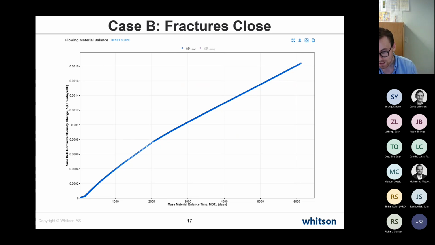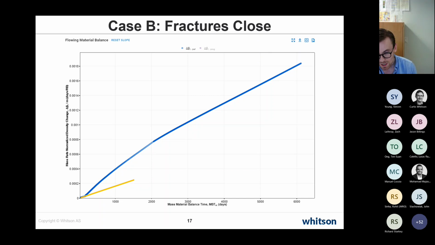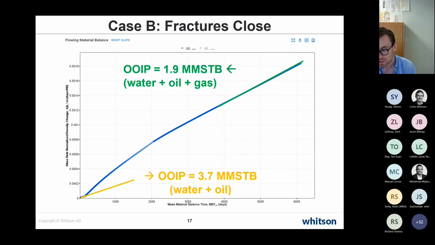If you do the same exercise for this well in the multi-phase FMB, you'll see that the early time slope yields an oil in place of 3.7 million barrels, while the late time slope will never actually get to an oil in place that is the same as the initial slope. In this case, it's giving us 1.9 million barrels.